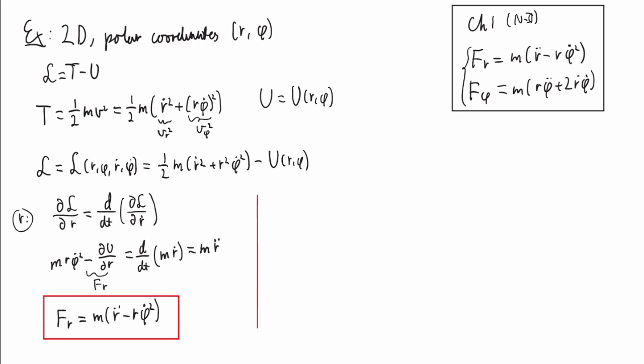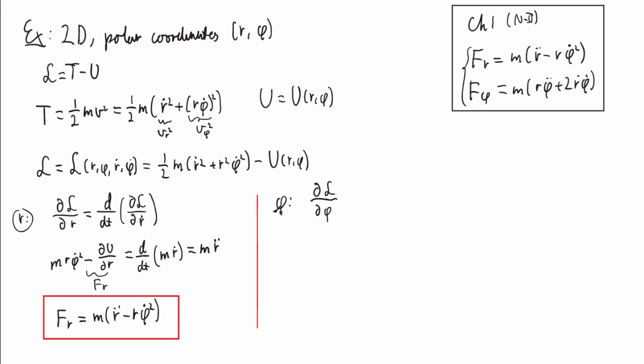Okay, now let's take a look at what's happening in the phi direction. And once we've written down the Lagrangian here, we don't actually have to care anything more about what the geometry of the coordinate system looks like or anything. We just write down the Lagrange equation.